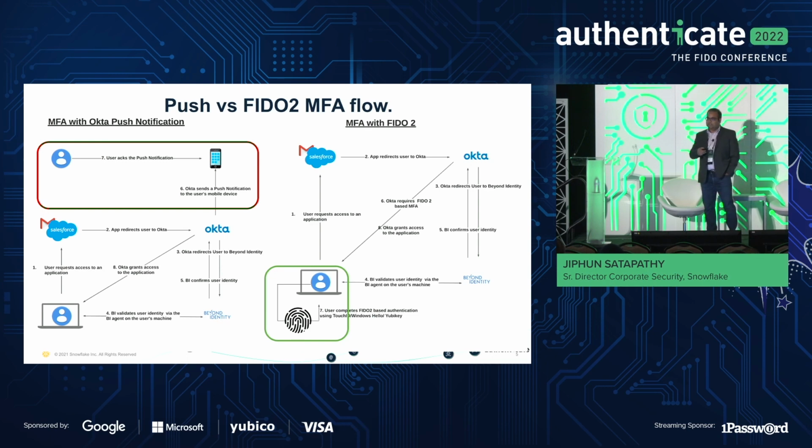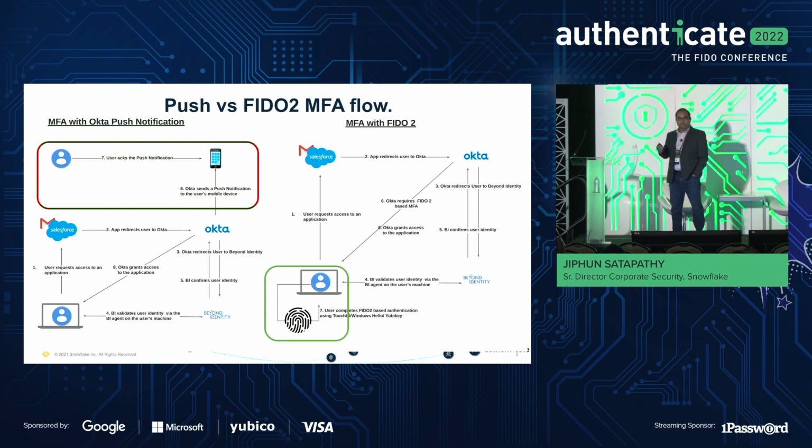Then it passes that back to Okta. Once Okta has validated through Beyond Identity that it's the right user, it now needs to execute the MFA flow. In that case, it sends a notification to your phone. Okta Verify is the solution that Okta has. Then you act on that as a user, and boom, that's done. That's your access. That is what the overall flow looks like.